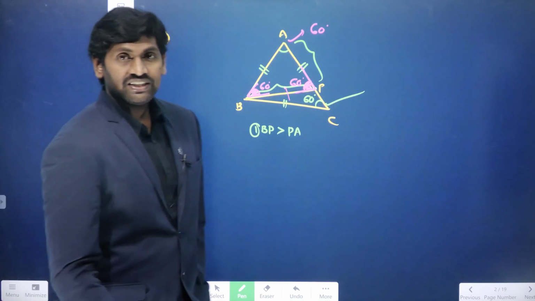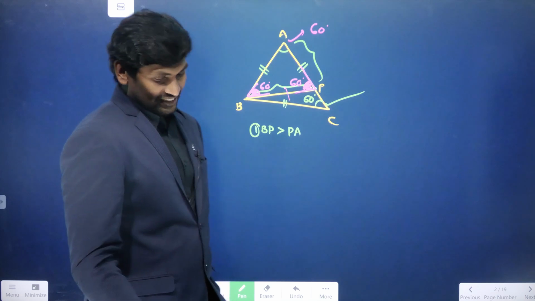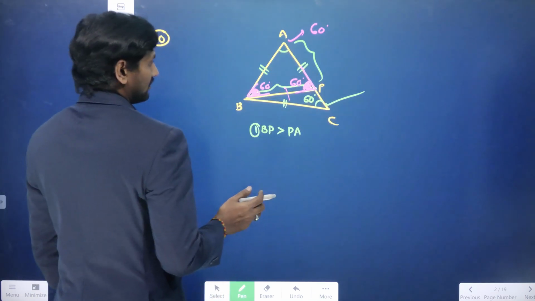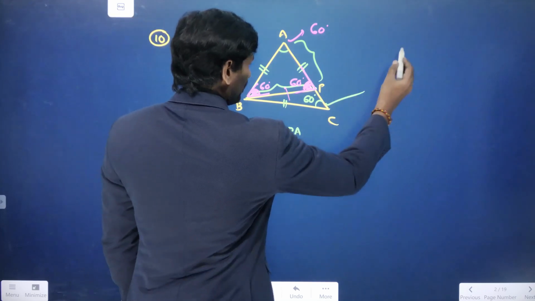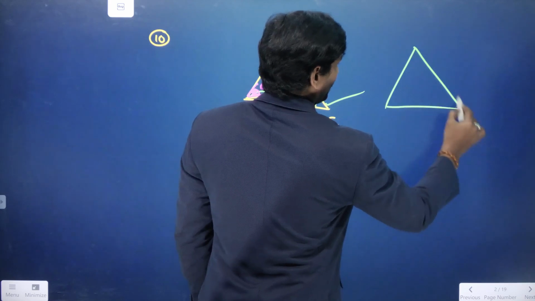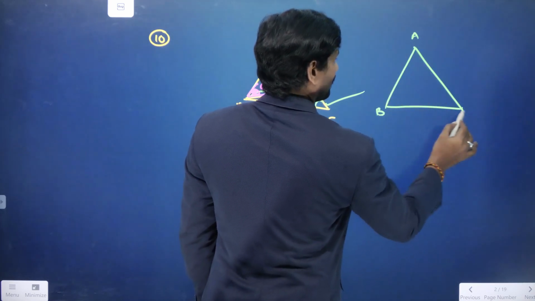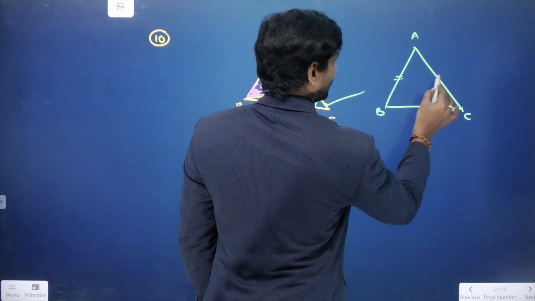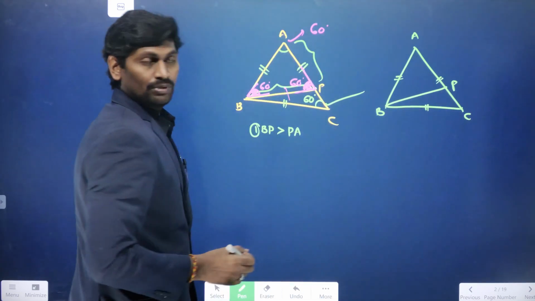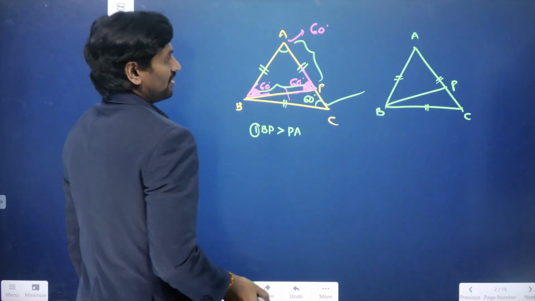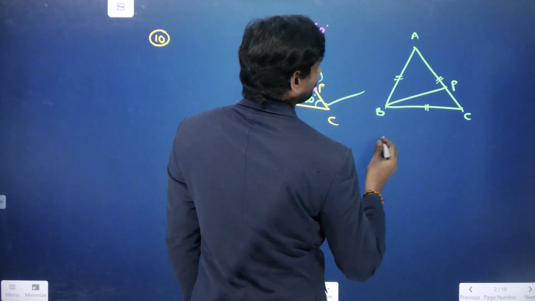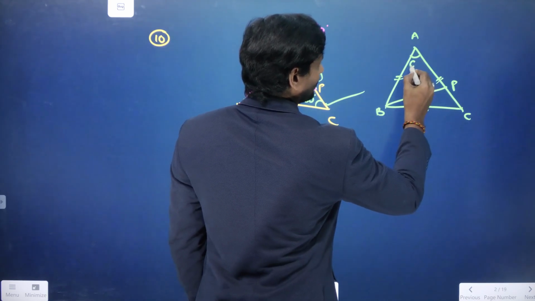But here you should understand that it is given that AB equals AC but not AP. You have to mind that. So let me draw the diagram once again. So triangle ABC we have taken. All the sides are of equal length and all the angles are of equal measure. BP is a line segment. Now consider this, 60 degrees.